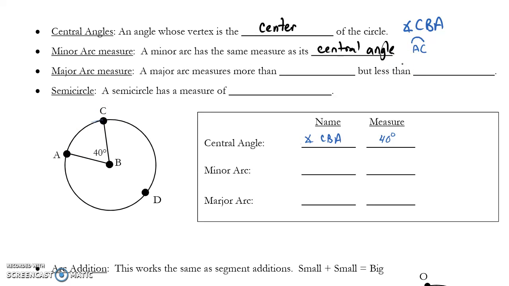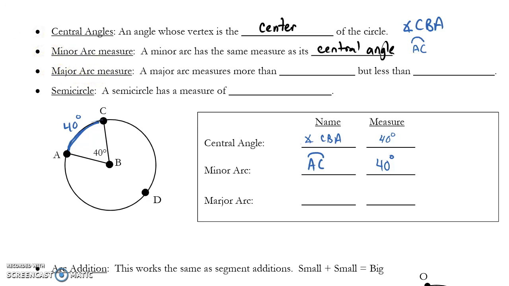Similar to a segment symbol, but now it has to have that curve. So my minor arc here is arc CA, and its measure is the exact same as the central angle. So if my central angle, angle CBA, is 40 degrees, my minor arc that it intercepts is also 40 degrees. This arc is 40 degrees.